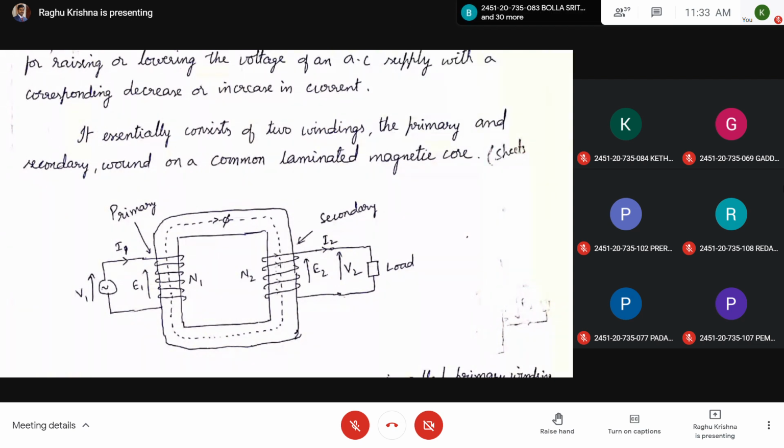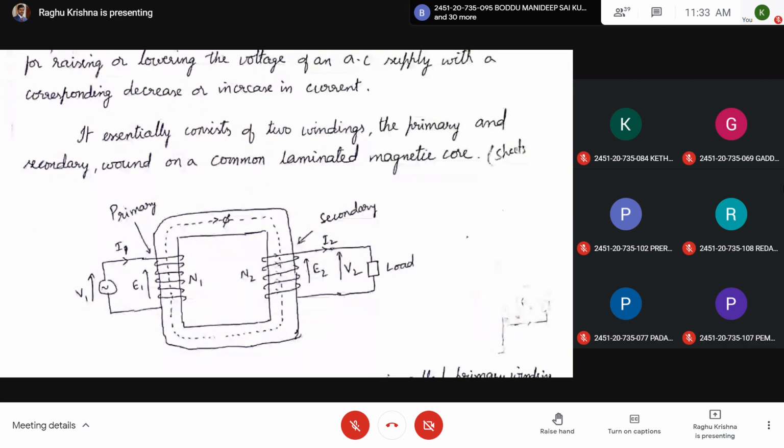So you know that a magnetic core means it is made up of magnetic material like iron, steel, etc. Magnetic material means it can pass the magnetic flux. So what is meant by laminated?